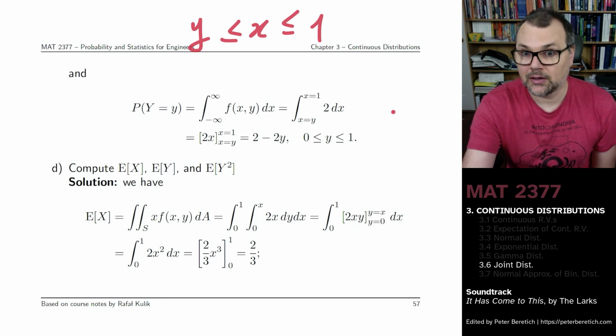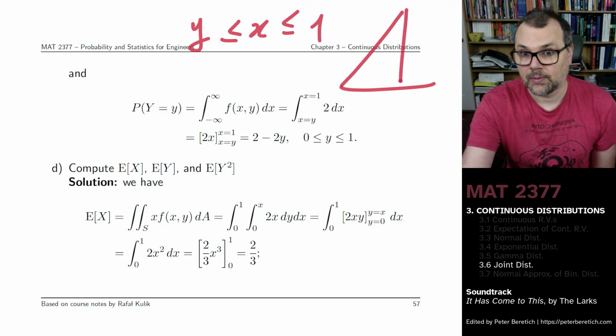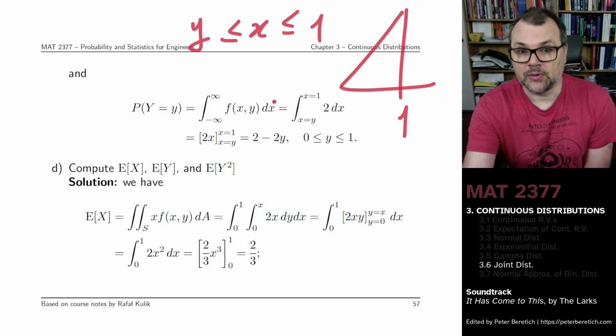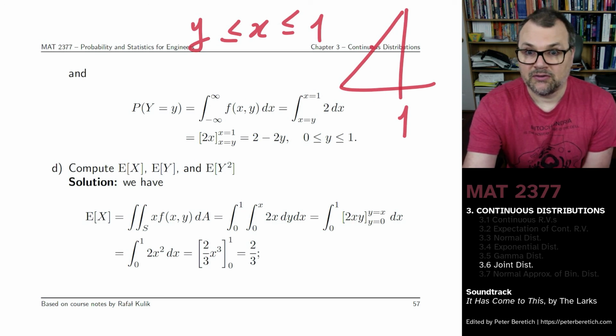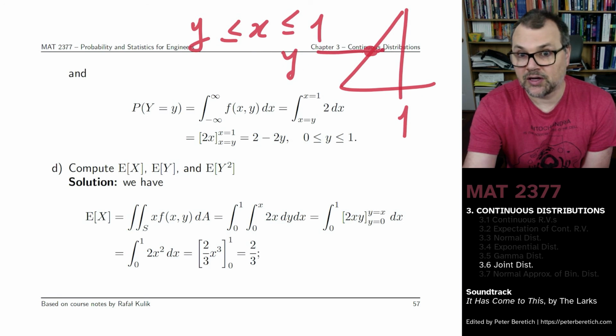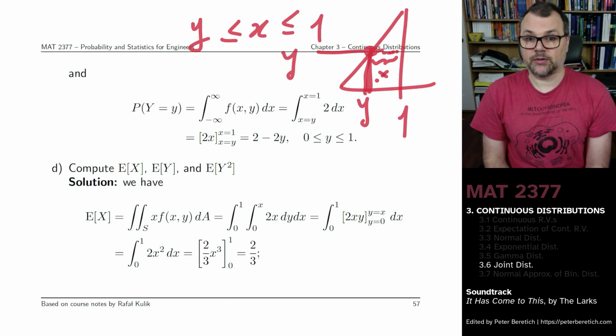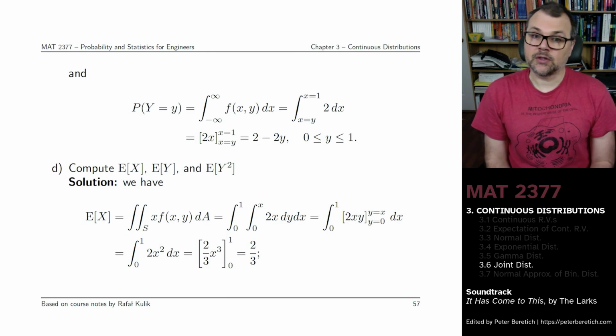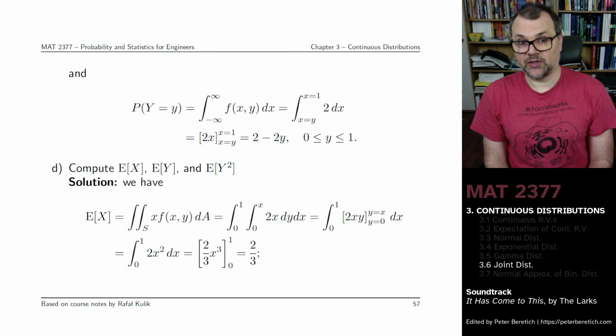If you go back to the figure and you pick a specific value of y somewhere here, the corresponding values of x have to go between y, right? If this is a value of y, this is also y and 1. So your x would vary here between y and 1. If you integrate, you will get 2 minus 2y. These are the marginal probabilities.